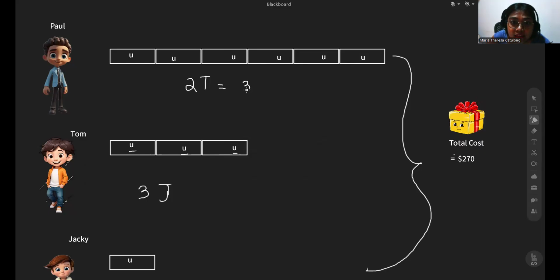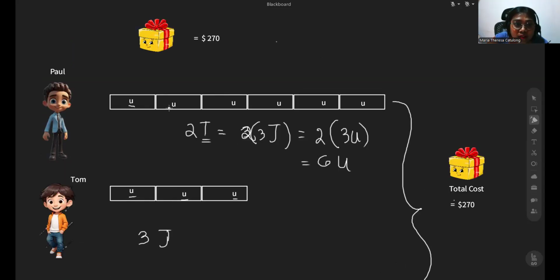So here we will substitute 2 times 3 of Jackie. Again, Jackie has 1 unit, so we can say 2 times the 3 units. To draw it, you will have a total of 6 units for Paul. That's why I draw 1, 2, 3, 4, 5, 6 equal units as a representation for Paul.